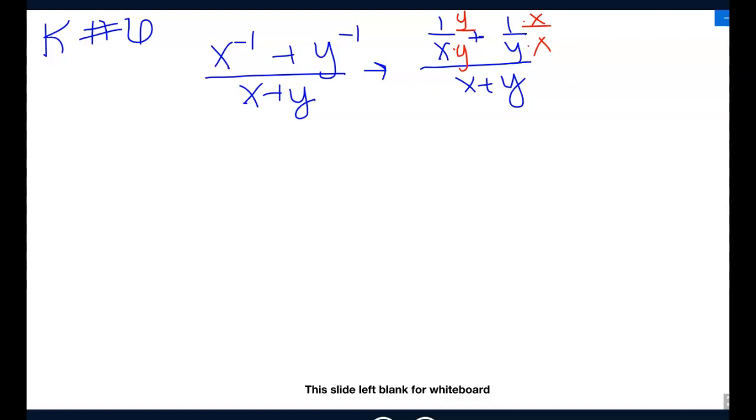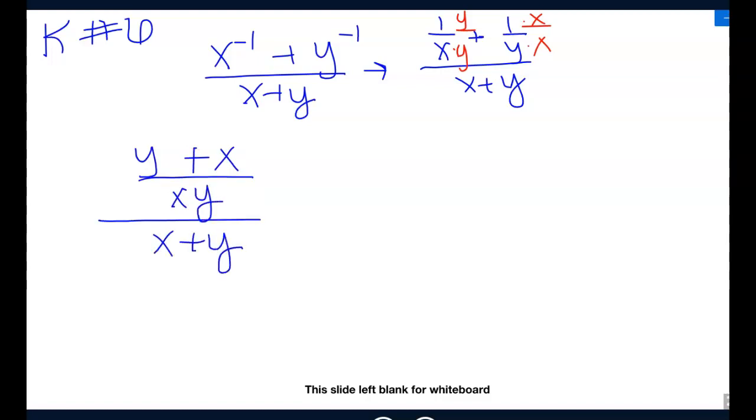So now I have y plus x over xy all over x plus y. Using that rule from the previous slide, this is like a fraction over a fraction.